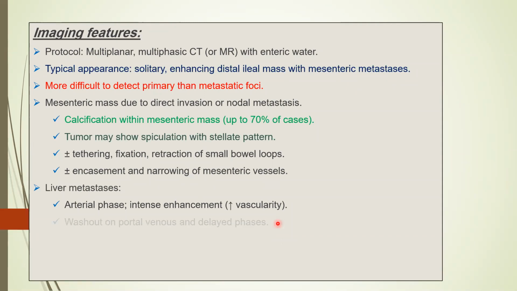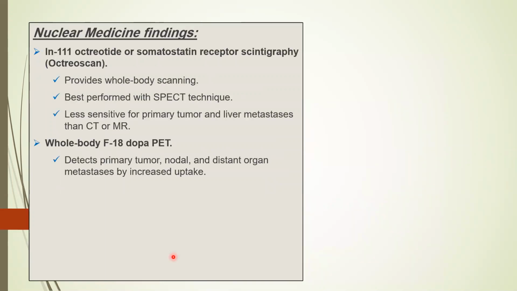Liver mets, as I mentioned, show intense enhancement in the arterial phase and wash out in the portal and delayed phases. We have also the nuclear medicine findings. We have 3 types of study: Indium 111 octreotide or somatostatin scan, the PET scan, and iodine 131 MIBG scan.